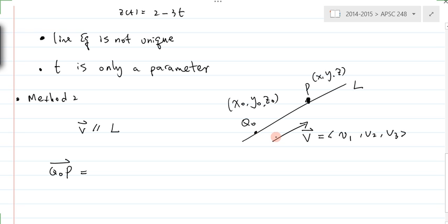Because V is parallel to L, for sure V will be parallel to Q naught P, which means they are pointing in the same direction.